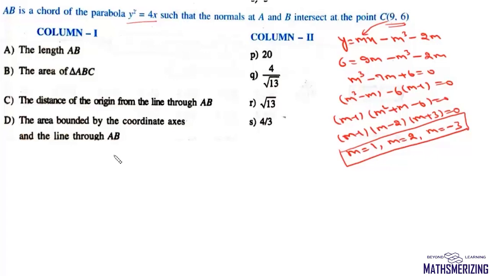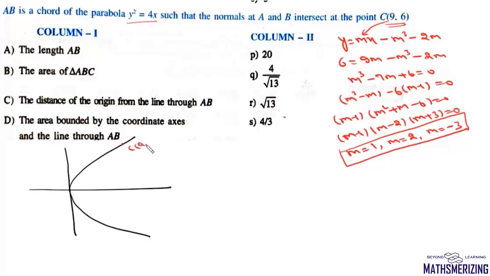So now we have this parabola which is y square equals 4ax, and then we have this point C which lies on this parabola. And then we have these foot of normals. So we can find the foot of normals, which are am square, minus 2am. Now here the value of a is 1. If m is 1, we'll get this point as (1, minus 2).